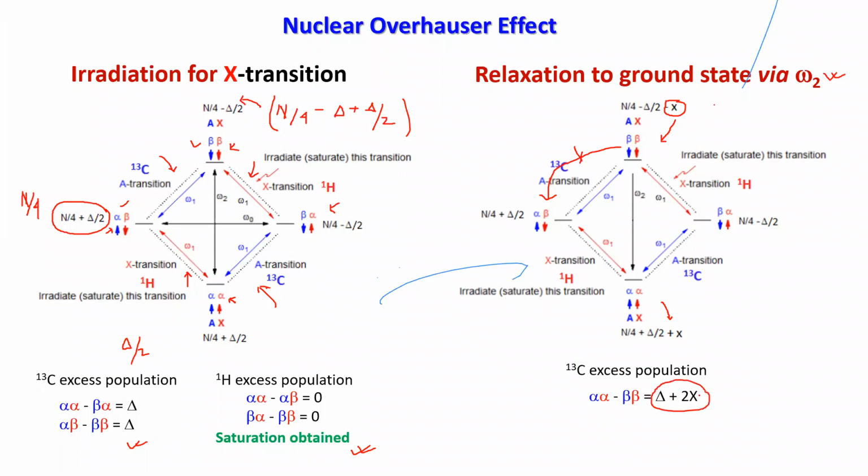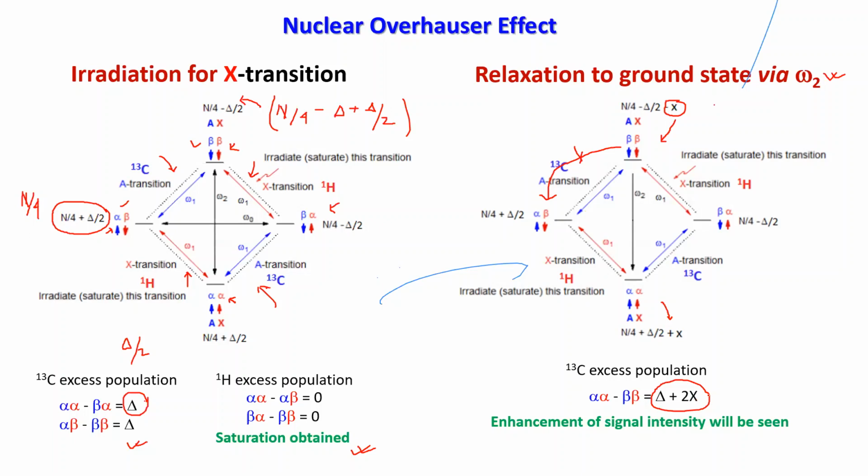So what we are finding here is that the enhancement of signal intensity will be seen. Why? If you look at the situation before, the excess nuclei of the carbon 13C was del, right? And after the new equilibrium is achieved, the excess nuclei is del plus 2x.